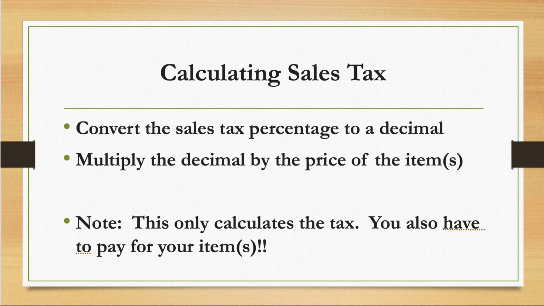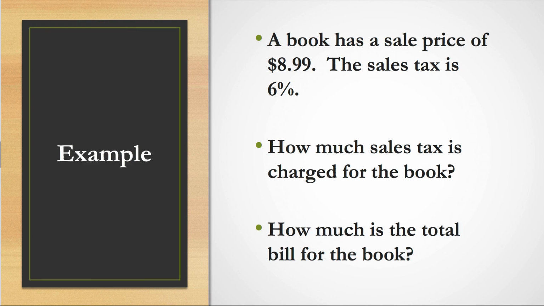Okay, so remember our steps. Our first step is to convert the sales tax percentage to a decimal. So we're going to take that 6% and convert it to a decimal. Remember that in order to convert a percent to a decimal, we take the decimal and move it 2 places to the left.